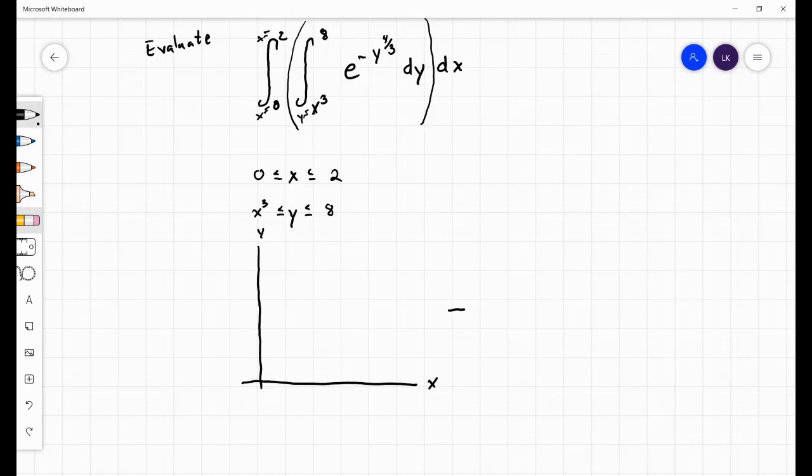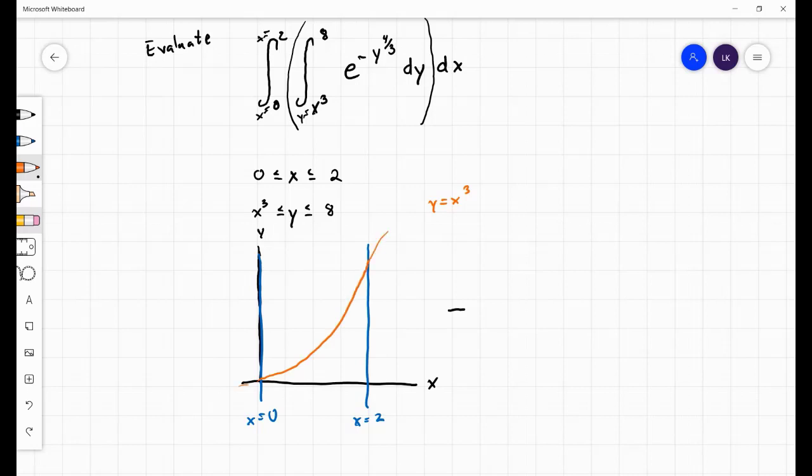Well, x equals 0 is just the y-axis. x equals 2, we know what that looks like. Now what about the lower bound for y? y would be x cubed, so we kind of know what that looks like, something like that.